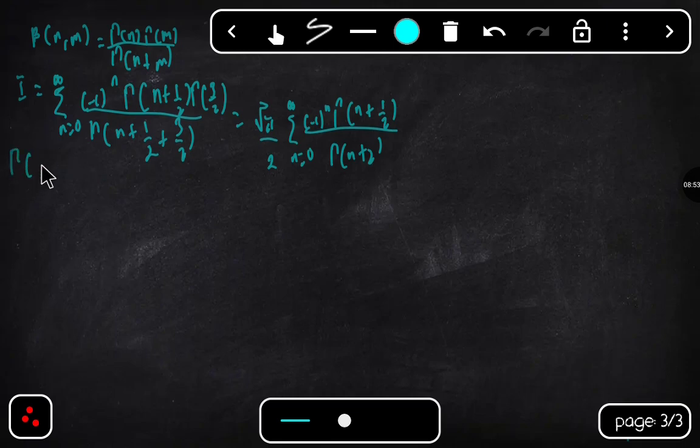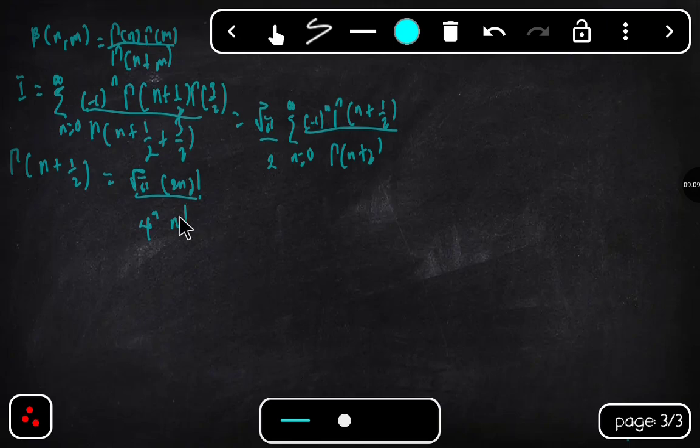Okay, so we have gamma of (n + 1/2). This is going to give us root pi multiplied by (2n)! over 4^n multiplied by n!. So that is gamma of (n + 1/2).